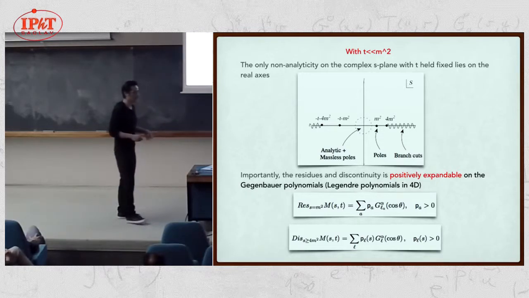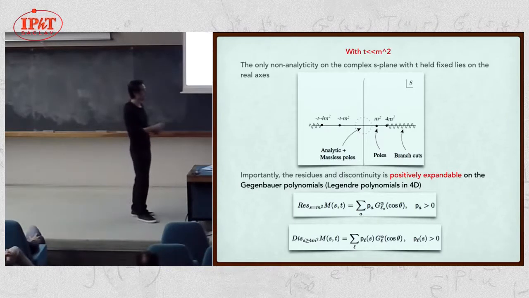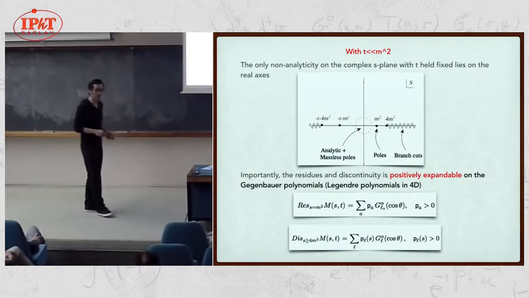What is important in this whole talk is that we know that the residue of the pole and the discontinuity of the branch cut are expandable on the Gegenbauer polynomial basis, which is the generalization of Legendre polynomials beyond 4 dimensions.